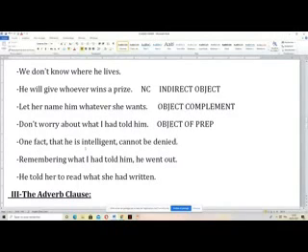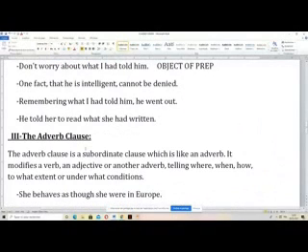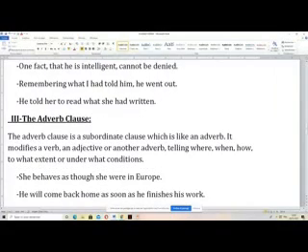So we have seen up to now the adjective clause, the noun clause, then the adverb clause. When I say an adverb clause, it functions like an adverb, so it should modify a verb, an adjective, or another adverb. The adverb clause is a subordinate clause, introduced by a subordinating conjunction.